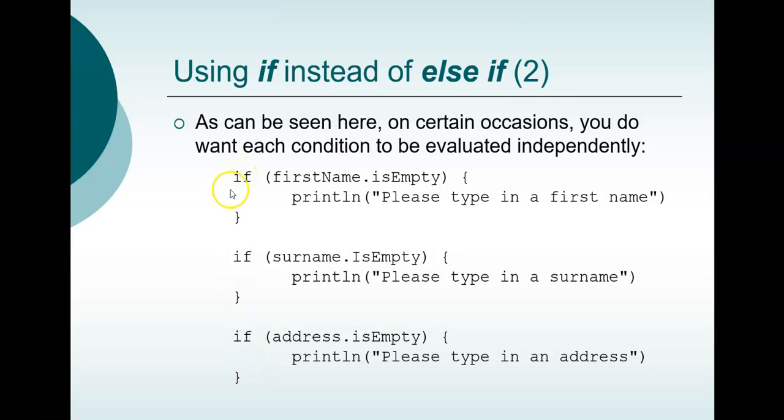If you spread this in an if-else, it will just execute the first one and skip the other ones. So we can have separate if statements. Test for first name, another block of if statement to check for surname, another one to check for address. In this instance, this type of coding is acceptable.